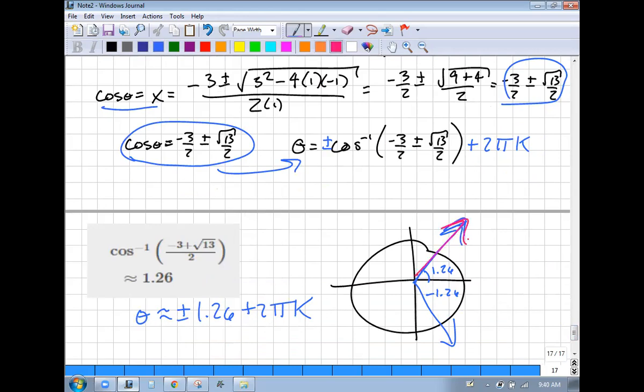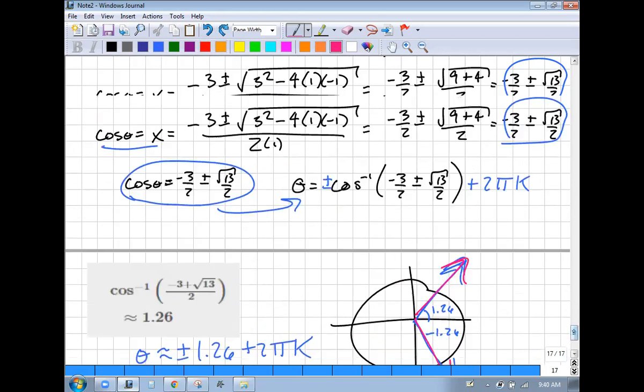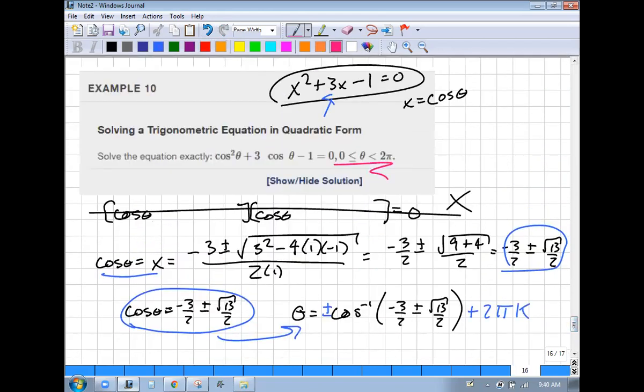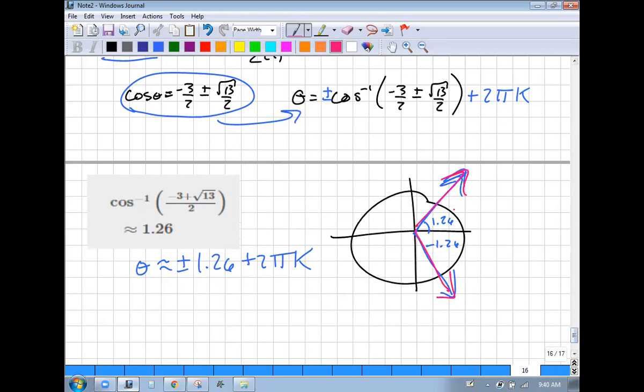You have to use your knowledge of trig to figure out, well, the calculator didn't give me that one, or this one, or this one, and so on. From there, they say we only want the ones between 0 and 2 pi. So that would be 1.26 and 2 pi minus 1.26. Those are the ones between 0 and 2 pi. Is that okay? I know it's a lot.